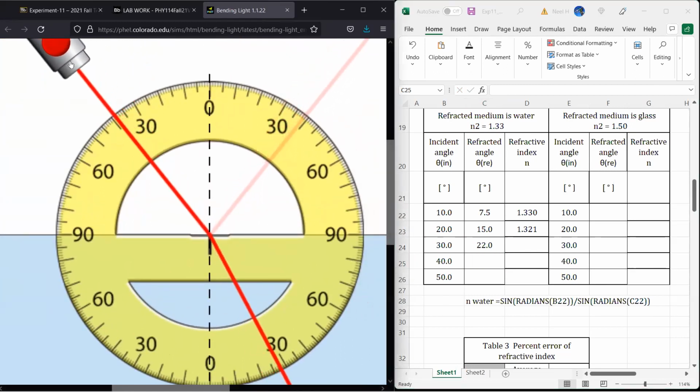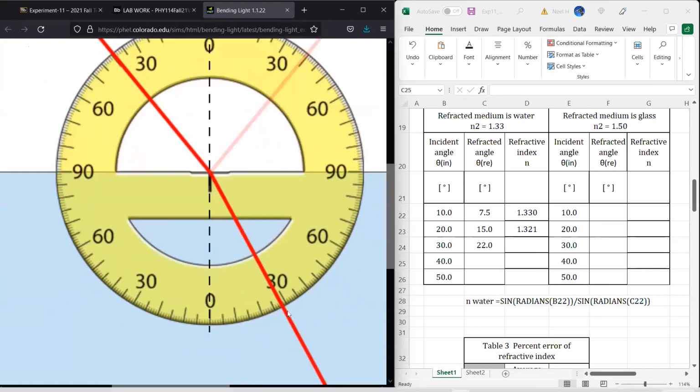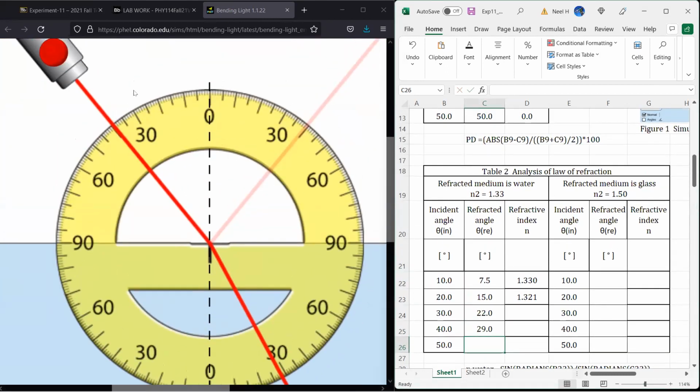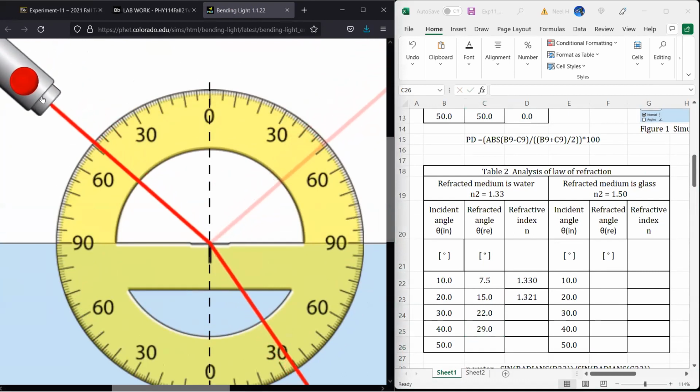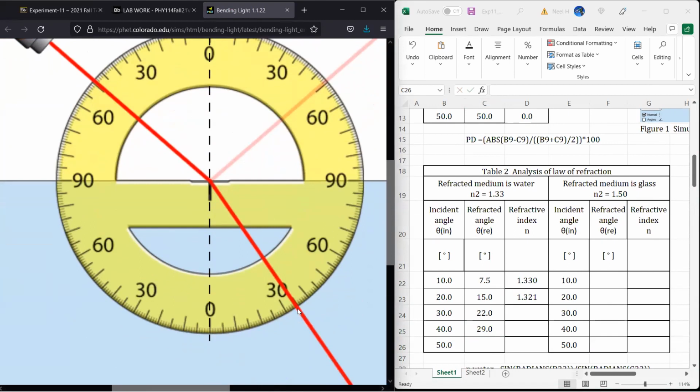Maybe 40, refracted is about 29, and then maybe 50 incident angle, refracted is about 35. Then click and drag this, and it will do the calculation automatically.